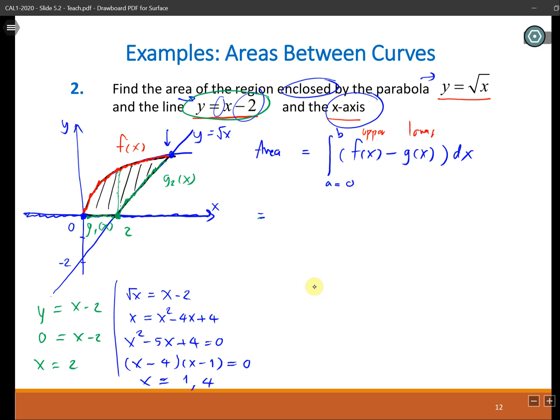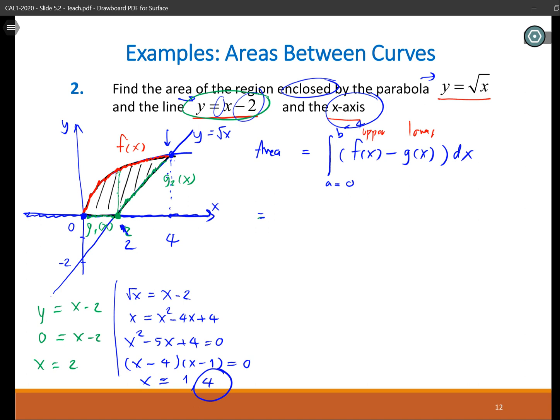And as you can see, this point has to be greater than 2, right? Because right here, this is 2. So this point has to be greater than 2. So it's going to be this 4 value. So the intersection right here happens at x equal to 4. So in the end, this is supposed to be 4.